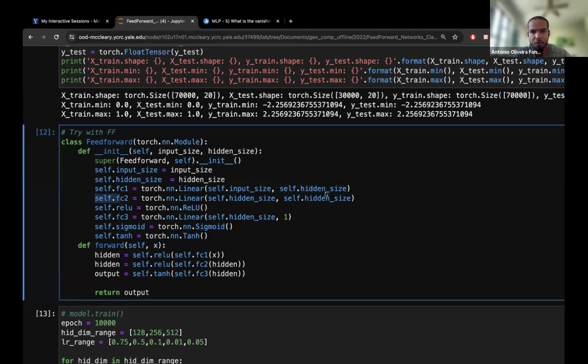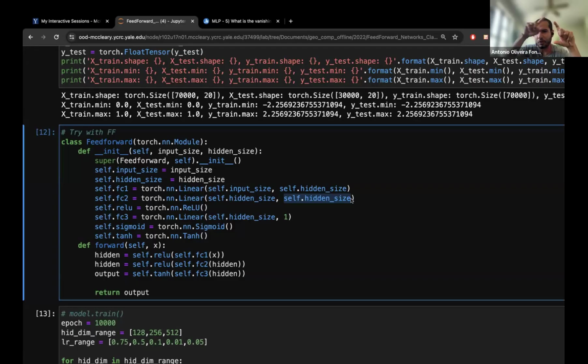Then I have FC2. So I'm defining the second layer, therefore the first hidden layer. Here I'm projecting from hidden size to hidden size. What is effectively happening here is that I have two hidden layers at this point, that are receiving exactly the same number of nodes.